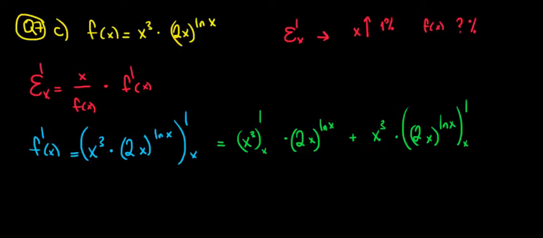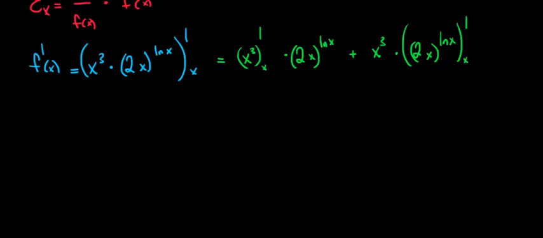Okay, let's see what else we can solve here. Let's make some space. X cubed derivative with respect to x, that's just gonna be 3x squared. So power rule, 3x squared times, from here we just write 2x to the power of ln x plus x to the power of 3 times this derivative, which we still do not know.